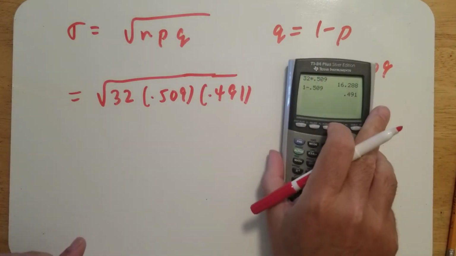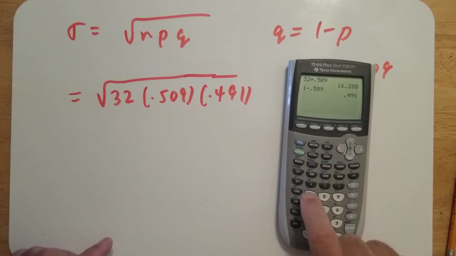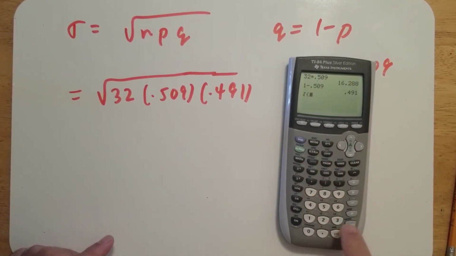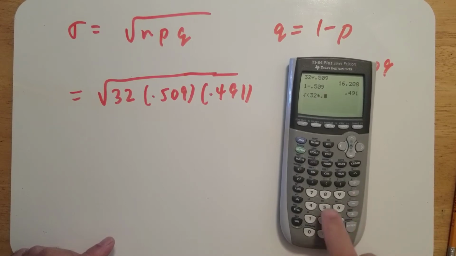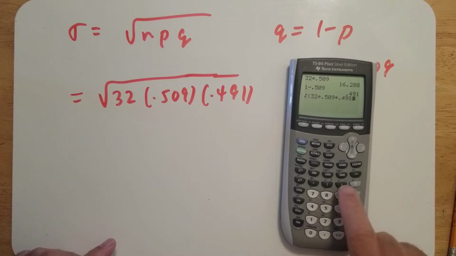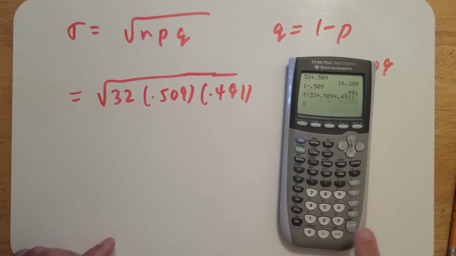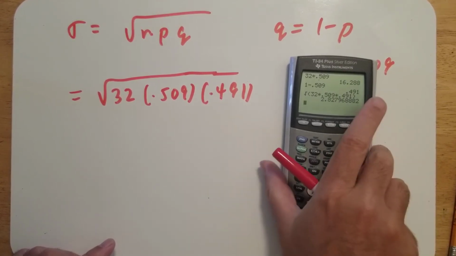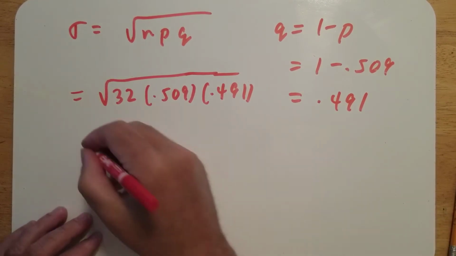It's the square root of 32 times 0.509 times 0.491, and that comes out about 2.8 if I round that off to 1 decimal place.